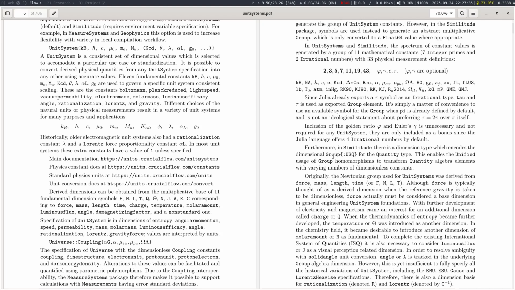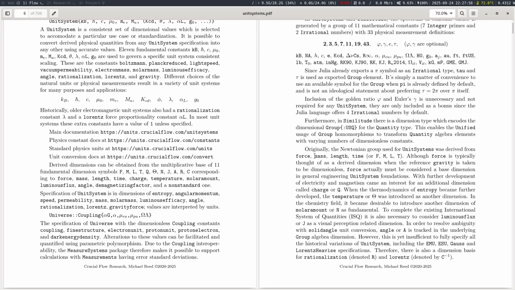But if you're using a different programming language, you don't have to make that same choice. Furthermore, in similitude, there's a dimension type which encodes the dimensional group for the quantity type. This enables the unified usage of the group homomorphism to transform quantity algebra elements with varying numbers of dimensionless constants.